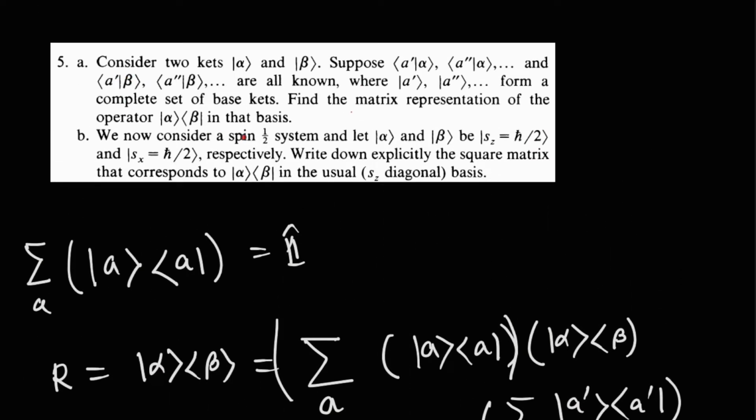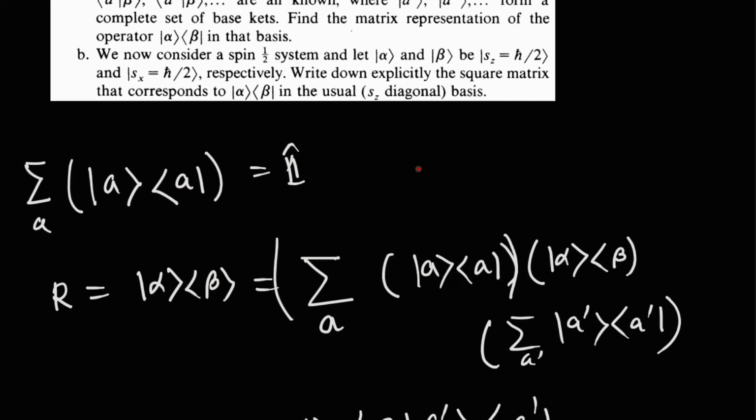Now in the second part of the question it is asked, we now consider a spin half system and let alpha and beta be Sz equal to plus h cut by 2 and Sx equal to plus h cut by 2 respectively. Write down the explicit square matrix that corresponds to alpha beta in terms of the Sz diagonal basis.